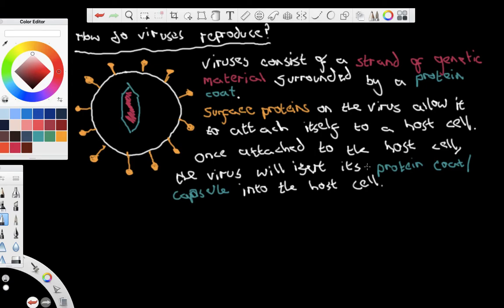So it'll insert its protein coat, or its capsule, into the host cell. That's this bit in blue.